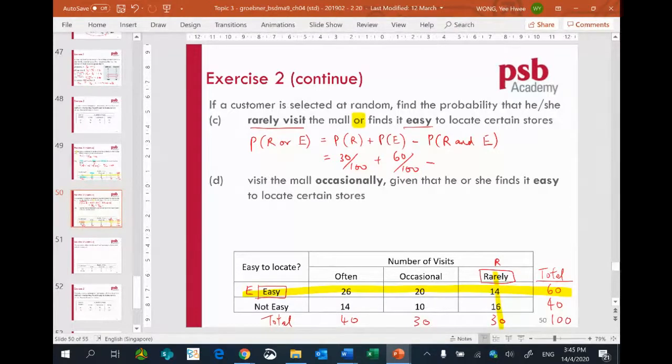Minus off rarely and easy, this one, because this overlaps. There are 14 people who rarely go to the mall and also find it easy, so 14. This gives you 76 out of 100, and it will be just 0.76.